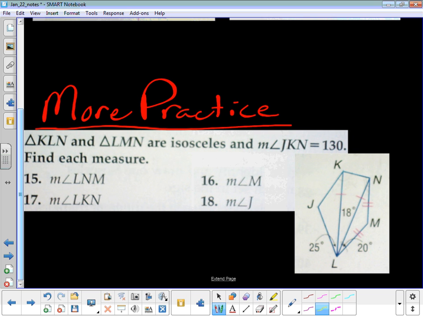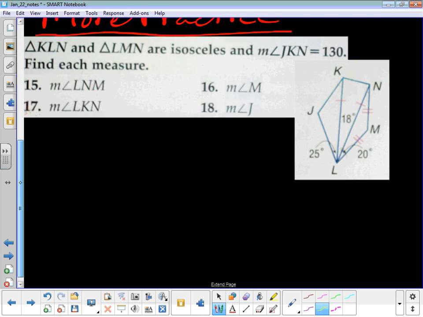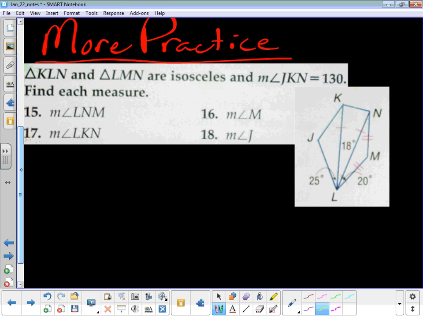Okay, now we're looking at this problem here. In this figure we are told that triangle KLN and triangle LMN are isosceles, and notice they do have the marks on the figure to show that this side and this side are congruent, and that this side and this side are congruent. They tell us that this angle right here is 130.